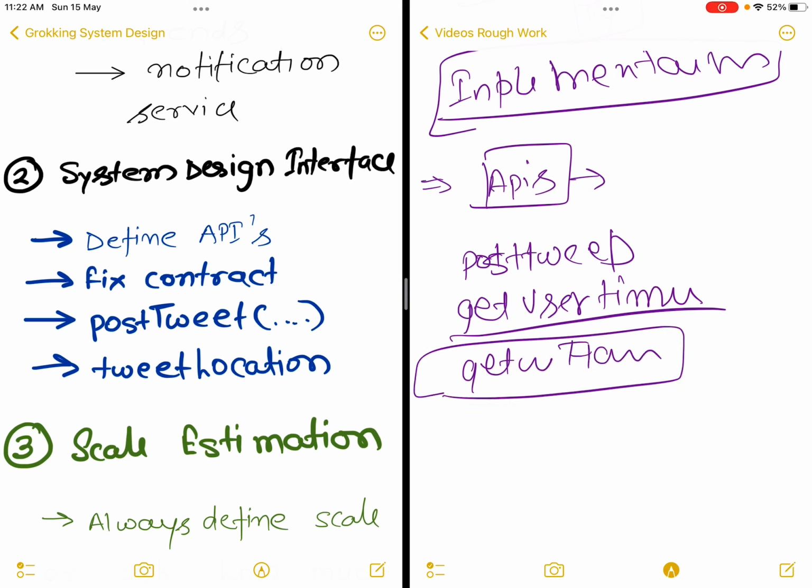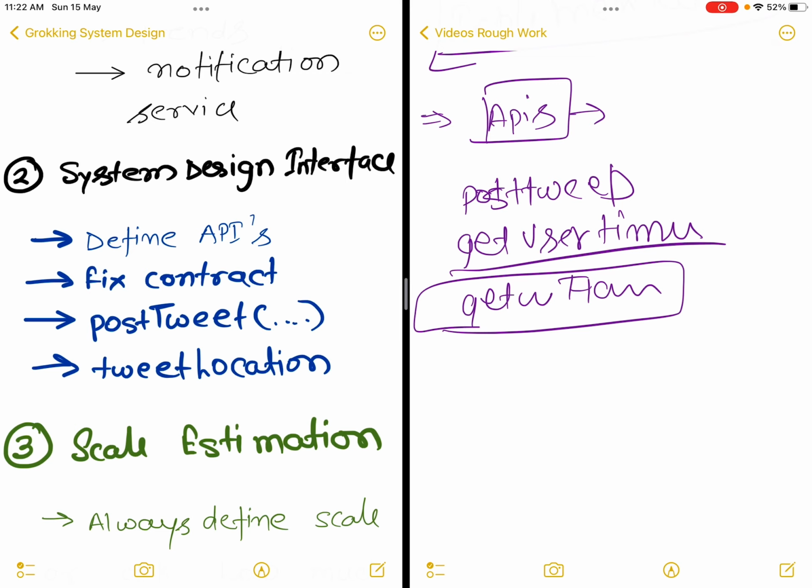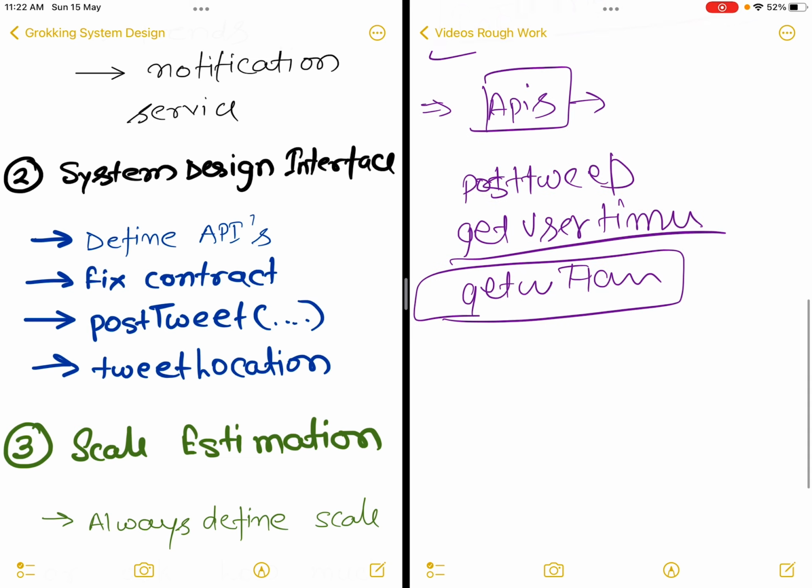Once you have defined all these things, you are narrowing down your clarification. First you identified the clarification, now you are narrowing down further for your interview.